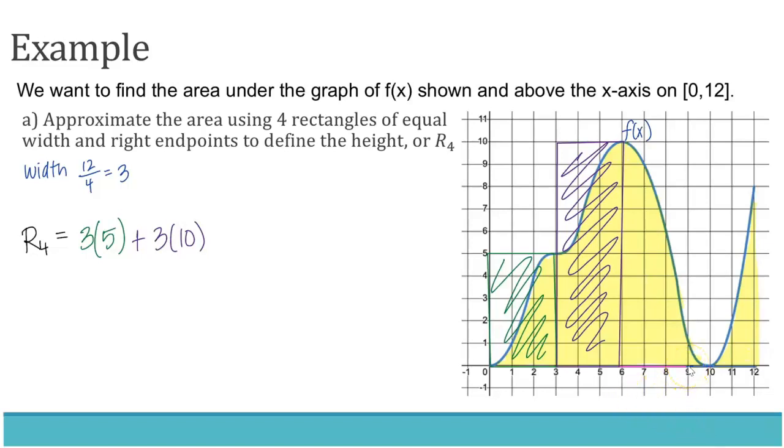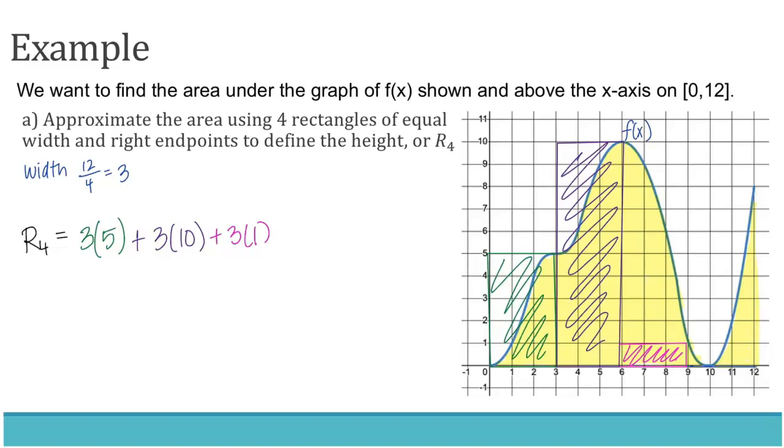The right side of that interval is 9. That's going to define the height. So I find the y value at the x value 9, which corresponds to 1. And so over that entire interval, the height will be 1. So the right side defines the height over the entire interval. So that next rectangle has an area of 3 times 1.